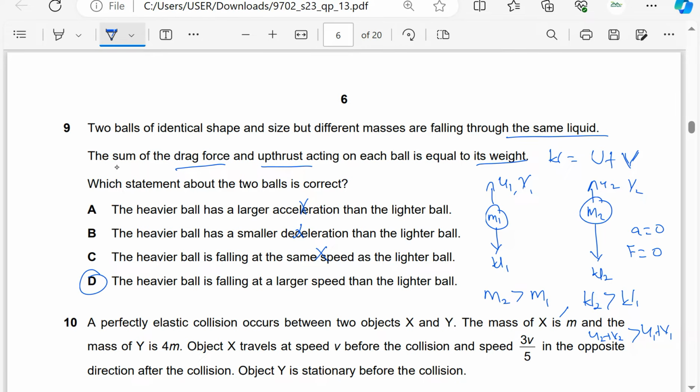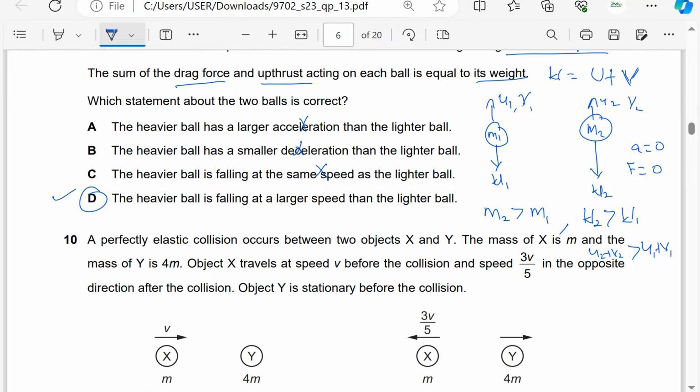If they are moving at a constant speed each, these constant speeds are not going to be the same because the weight W2 is not the same as the weight W1, since the masses are not the same. So the heavier ball has a larger terminal velocity than the lighter ball. So the answer is going to be D.